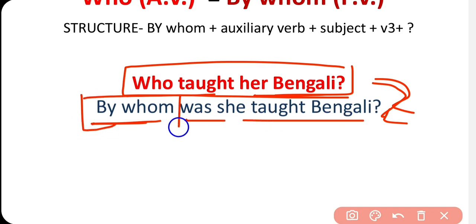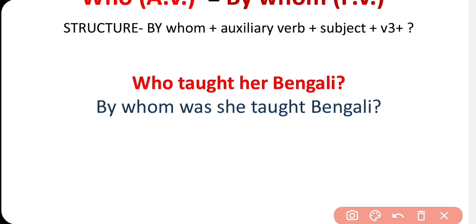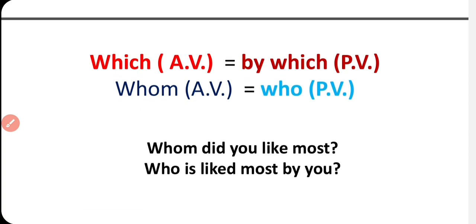So you have to place by whom at first plus auxiliary plus subject plus the past participle of the verb, that is taught, plus you have to put the object. So come to the next slide.